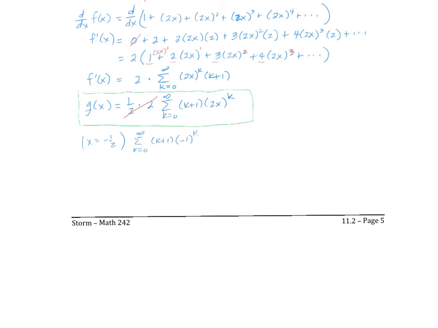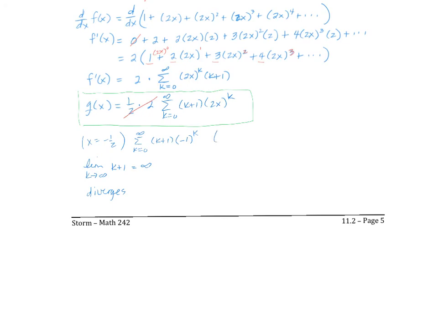We have this alternating series. The limit as k goes to infinity, ignoring the -1, of k plus 1 is equal to infinity, so it diverges. And this would be by the divergence test. So I cannot include the -1/2.